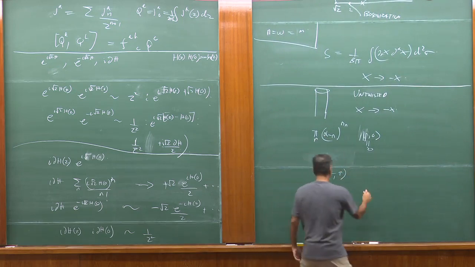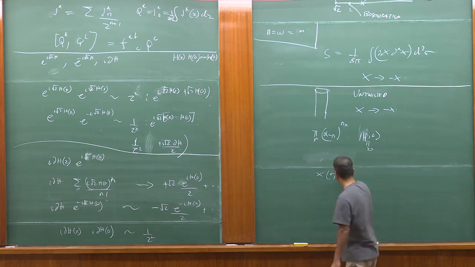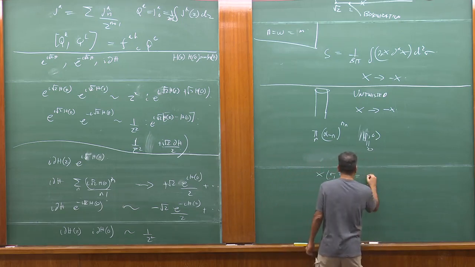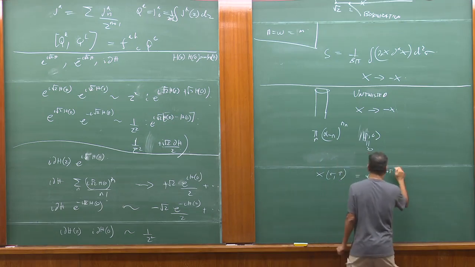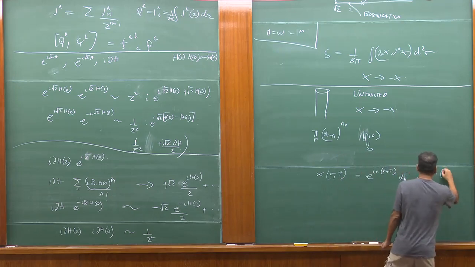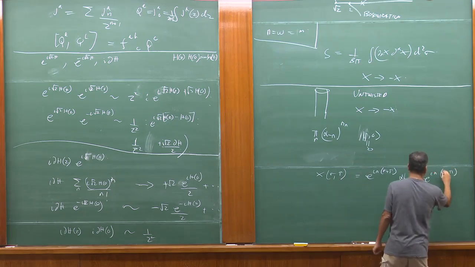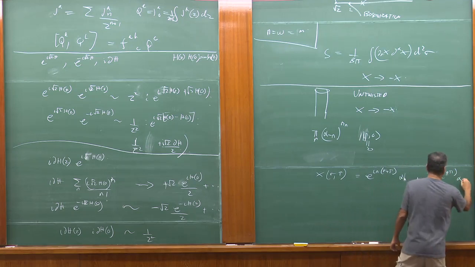Let's look at the left moving sector. So let's say x of z. We have e to the power i n (sigma plus tau) alpha n plus e to the power i n (minus sigma plus tau) alpha n dagger.